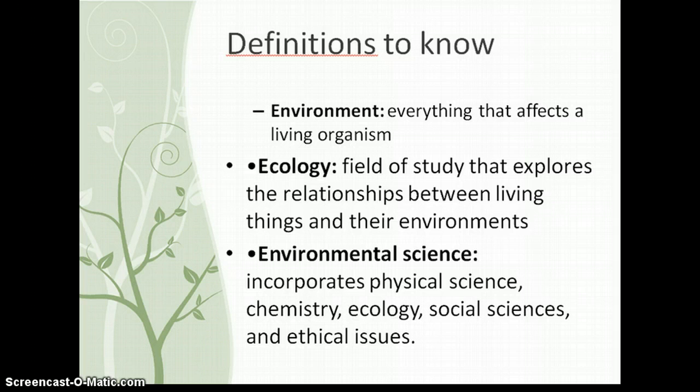Environmental science also brings in ecology, how we affect the ecology of the planet when we use and manage our natural resources. Social sciences, how cultures view the planet and our resources differently. And also ethical issues. Is it right or wrong to use or manage resources in a particular way?